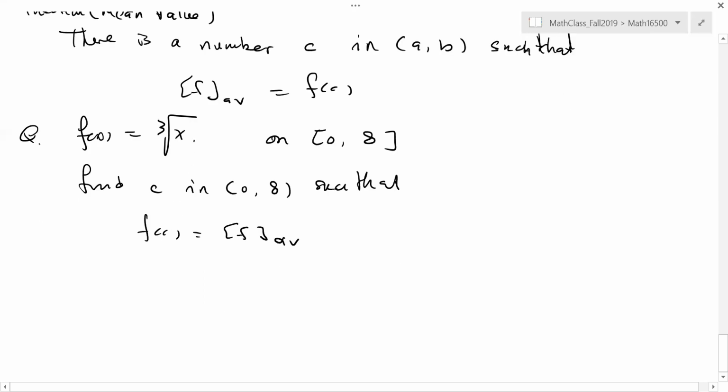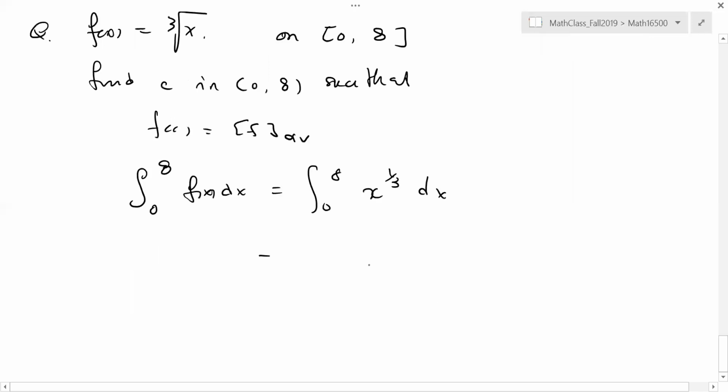All right, so let's look at the average value. First of all, you have to figure out the integral from 0 to 8 of x to the 1/3 dx.